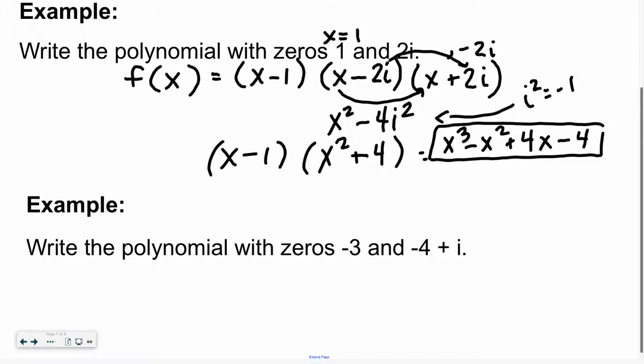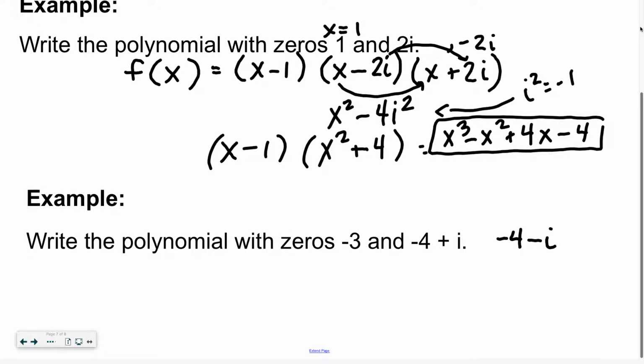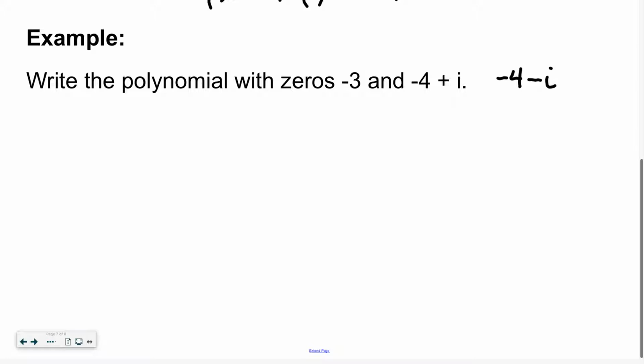All right, and then I'll do just one more, like what we did in our warm-up. What if your imaginary 0 I give you is negative 4 plus i? Then the other one is negative 4 minus i. Write out my 3 zeros as factors.